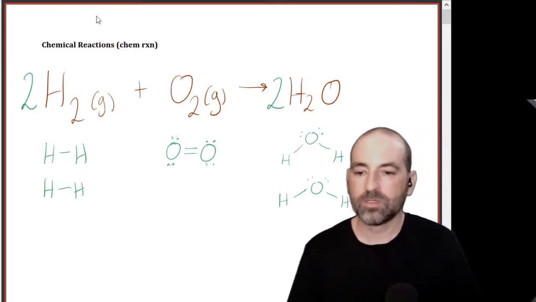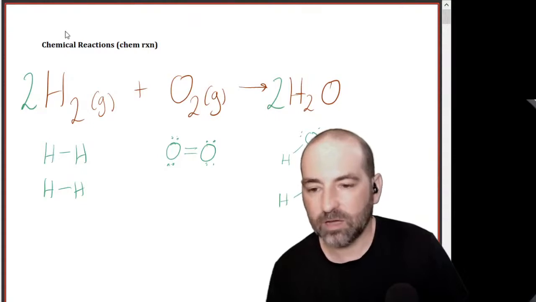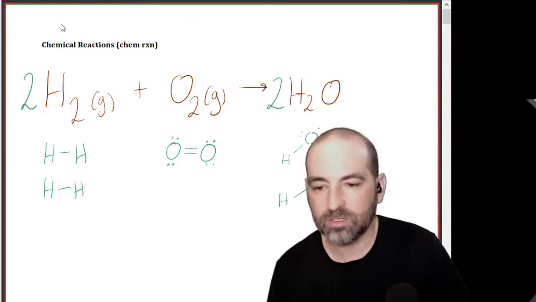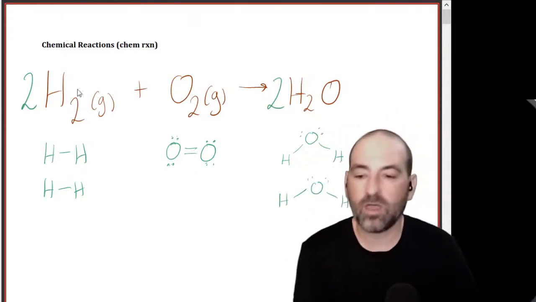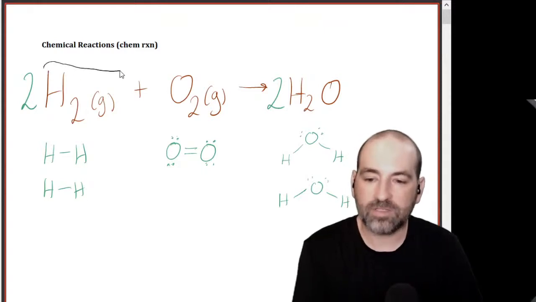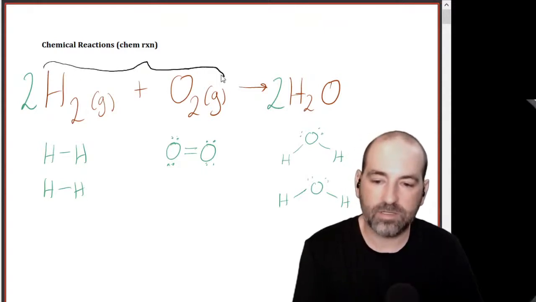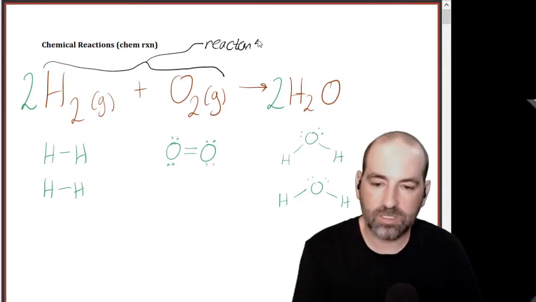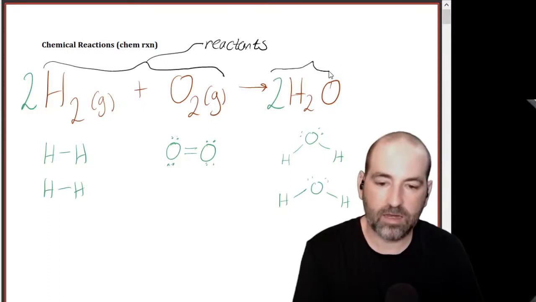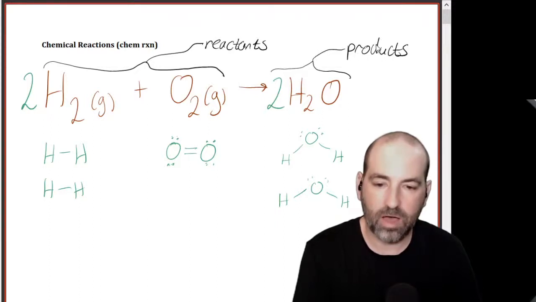All right. So now that that's taken care of, let's talk about some more of the terminology, or the way we describe these things. Usually, whatever kinds of compounds are on the left side are called the reactants, or sometimes reagents. And whatever's on the right side are the products.